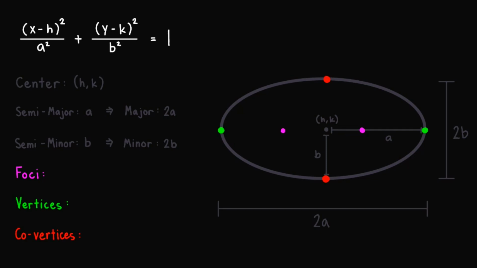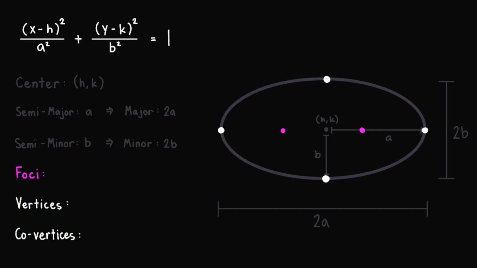By the way, if you don't know the parts of an ellipse, I have a previous video discussing that one, so that you may check it out to have a better background on how these parts are defined in an ellipse. So continuing, let's go over these parts one by one, starting with the foci.